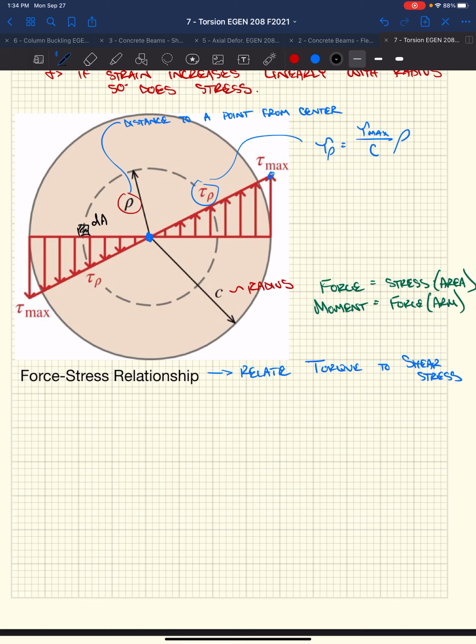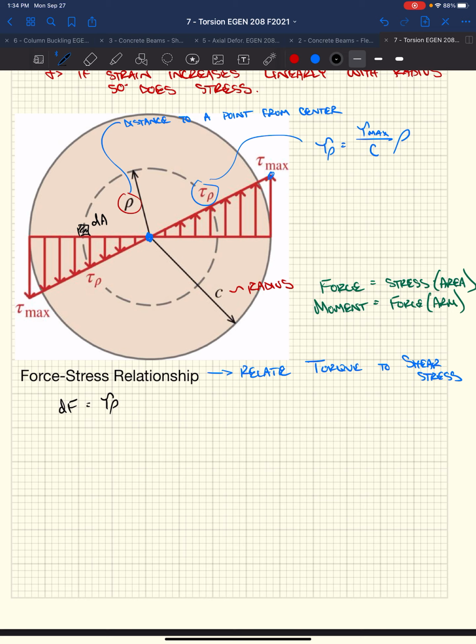And I want to know how much force is acting over that area, right? I would need to know the stress on that area and then the area itself, right? Stress times area, is force. So if we wanted to know what dF was, that would be this small force that's acting over this very small area on the cross-section. It would be the stress that's acting, right? So if we looked at an area that was rho away from the center, we know the stress at that distance is tau rho, which we know what that is.